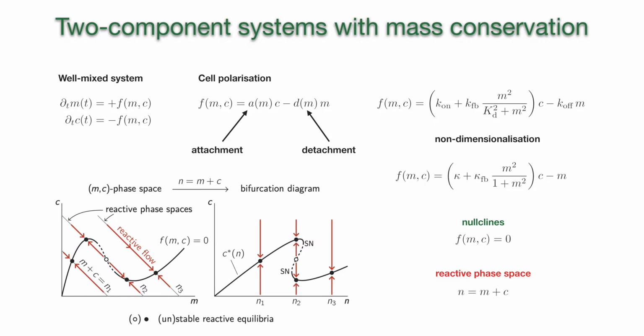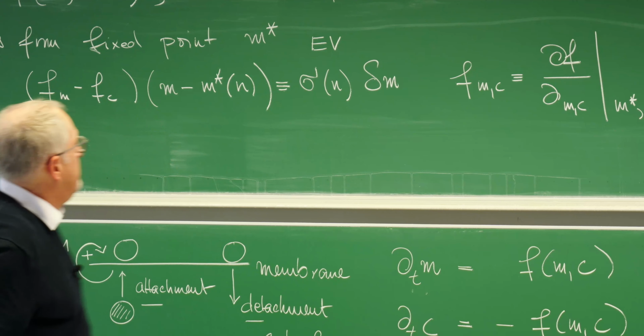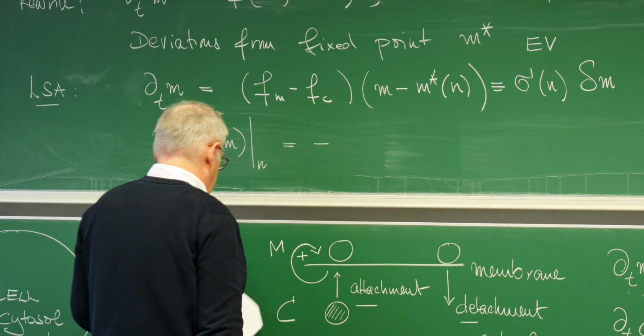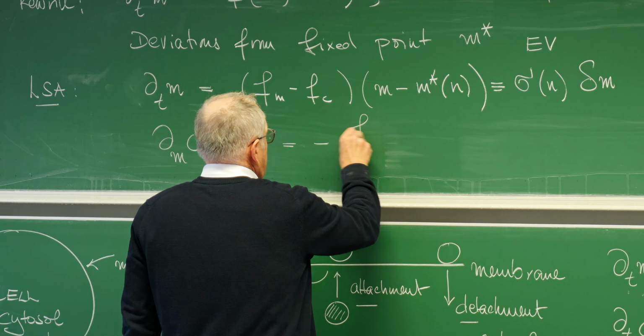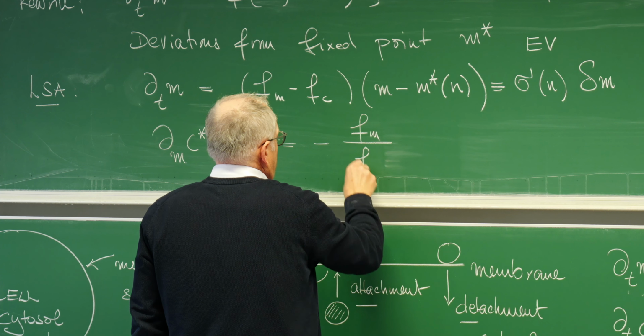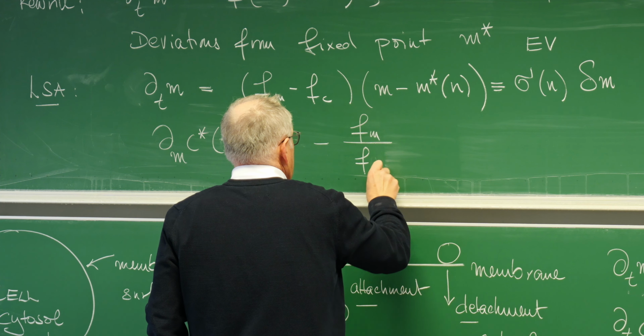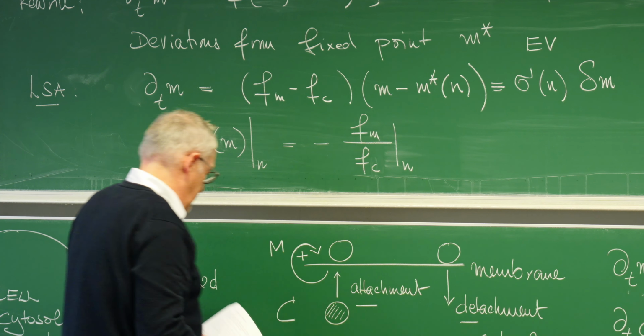You see what the slope is, but we can express it in terms of partial derivatives of the nullcline that you have here. And it's quite easy to show that this is minus f_m over f_c at constant n.